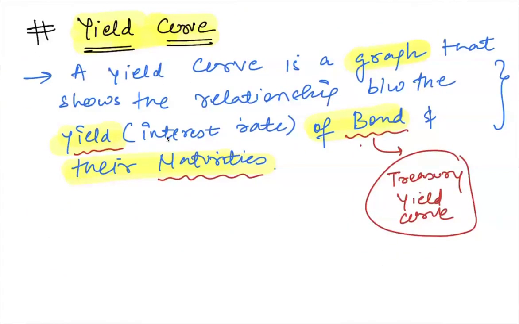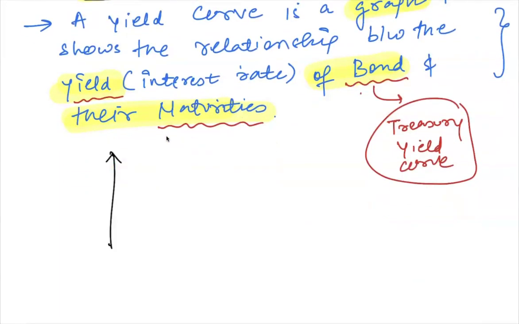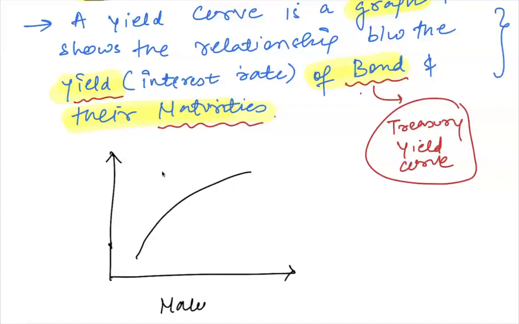So now let me show you how the yield curve looks. Let me draw this. So you have your maturities here and you have your yield here.